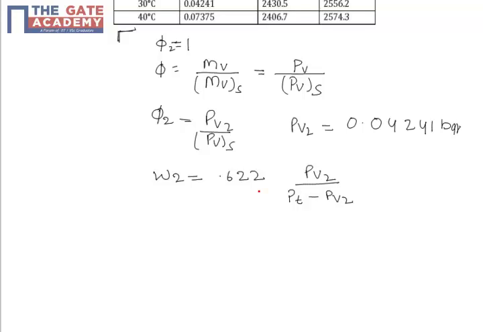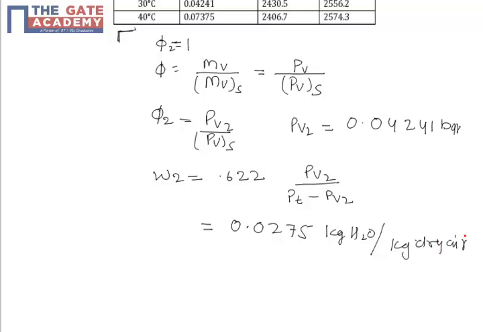So from here we can find out W2. PV2 we already know is 0.04241 bar. So from here we get 0.0275 kg of water per kg of dry air.